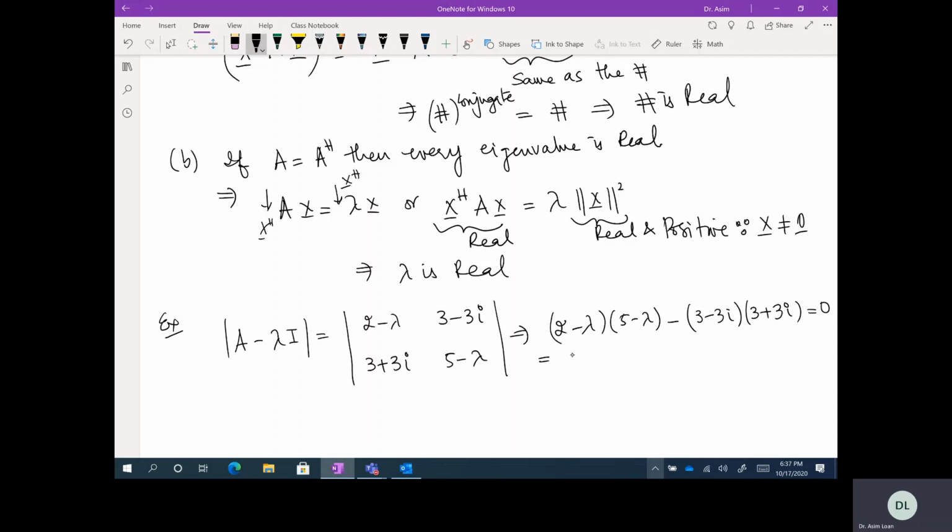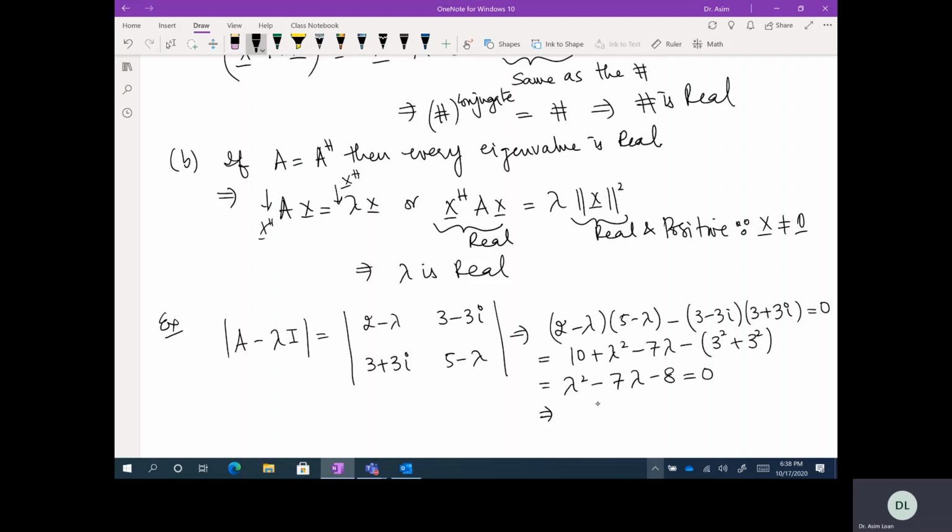So this is equal to 10 plus lambda square minus 5 lambda minus 2 lambda, minus 7 lambda, and this is minus the square of this one, 3 square plus 3 square. So this is equal to lambda square minus 7 lambda plus, this is 9 plus 9, 18, minus 8, equal to 0.